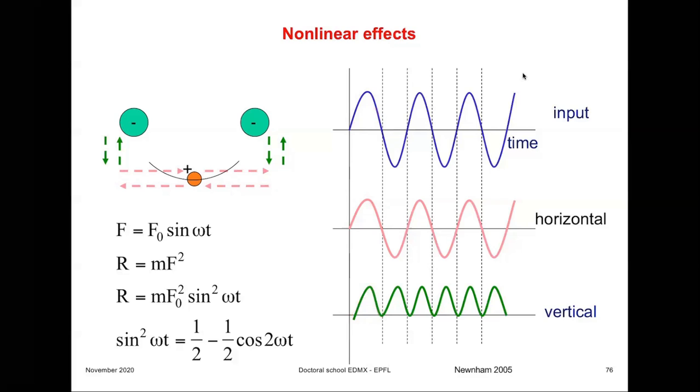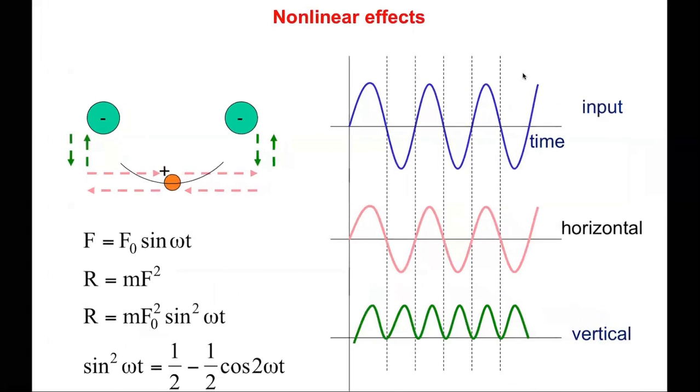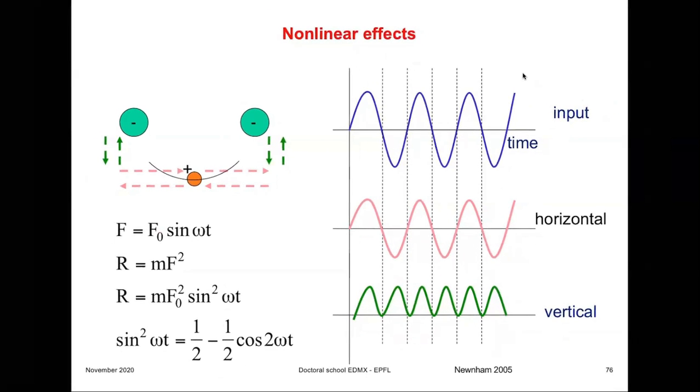Now we change direction of the force. Force goes down. The positive atom will move in that direction, negative direction. While in a vertical direction, it will again move vertically. So when force goes down, horizontal motion is like this, while the vertical motion is again in the positive direction.